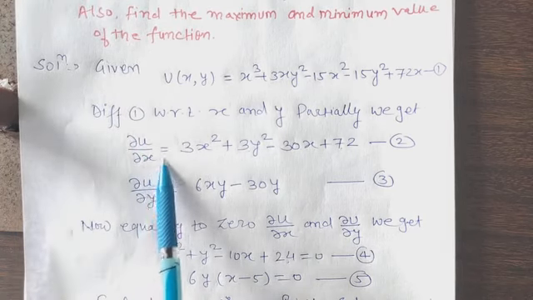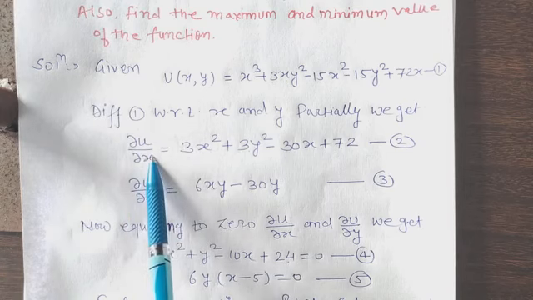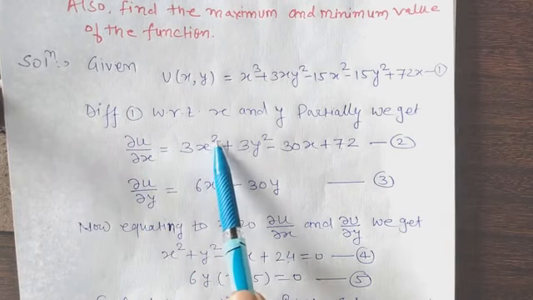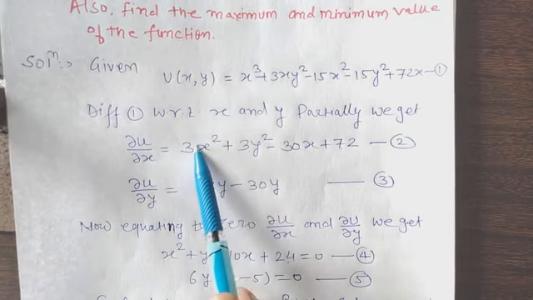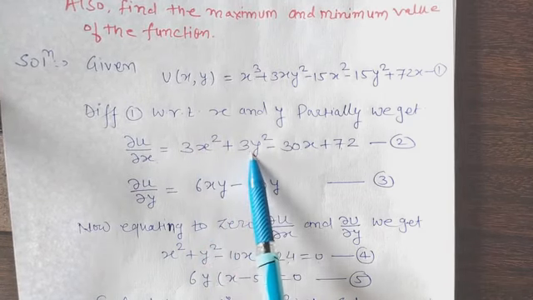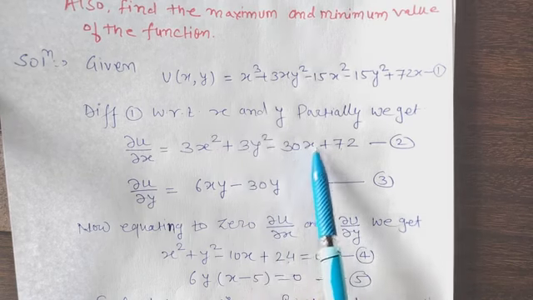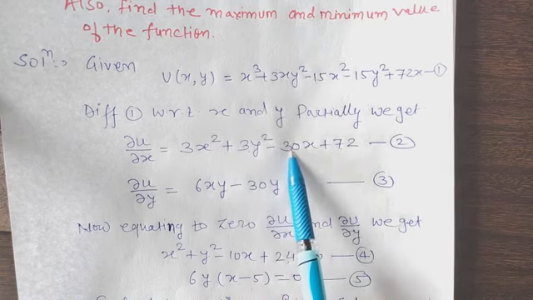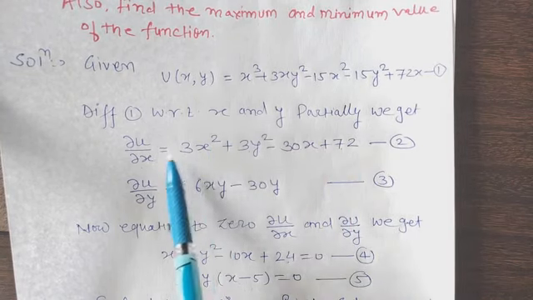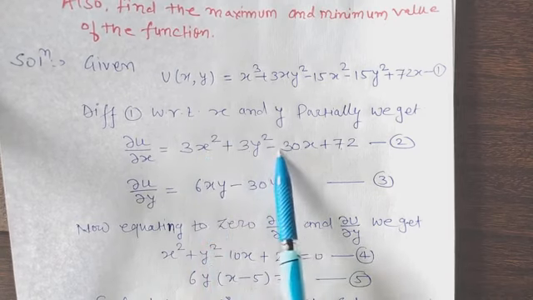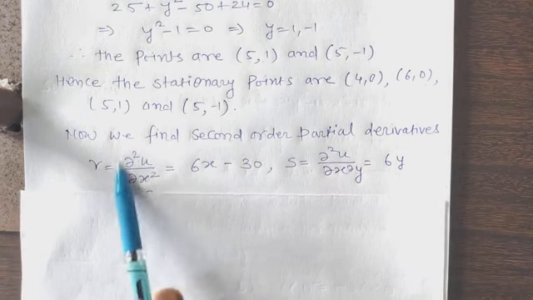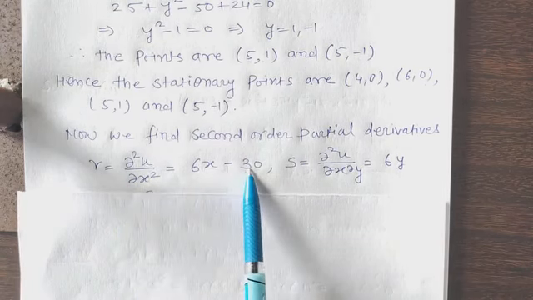With respect to x, the derivative of x square is 2x, so we get 6x here. With respect to x, this term is constant, so its derivative is 0. With respect to x, the derivative of x is 1, so we get minus 30. And 72 is constant, so its derivative is 0. So the value of r, del 2u by del x2, is 6x minus 30.